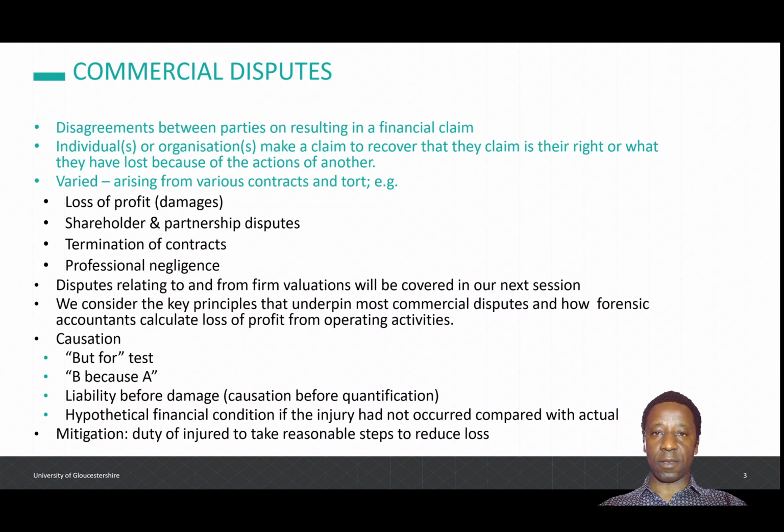The one thing that I have to say now is that valuation or valuing businesses becomes very intricately intertwined with commercial disputes. So what I mean is, for the resolution of most commercial disputes, there may be business valuation related tasks that would come up.